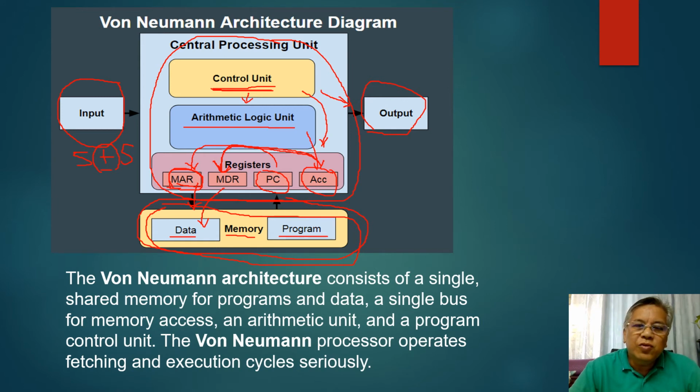Then, your control unit will again fetch the data from your accumulator, and then the control unit will now provide this data into your output device, such as your monitor. No? The monitor will now give you the result of adding 5 plus 5, no? Which is now equal to 10.